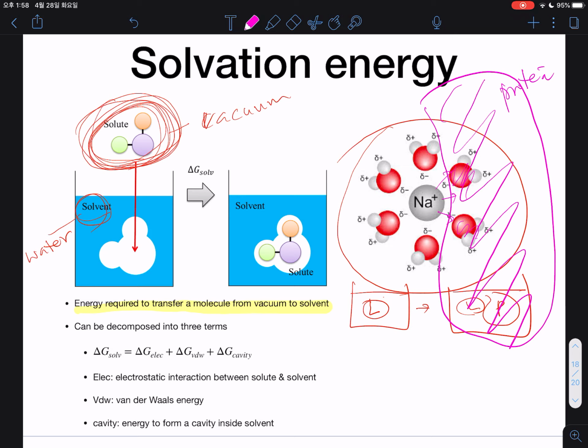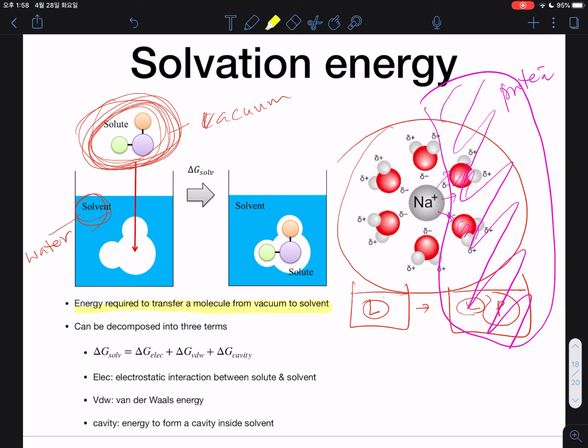But otherwise, if the interaction with water is stronger than the interaction with the protein, then this ligand must prefer to stay solvated. It doesn't like to be bound with a protein. So this is why we should consider solvation free energy.